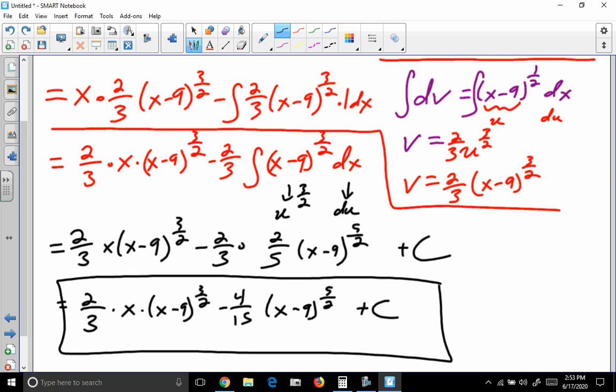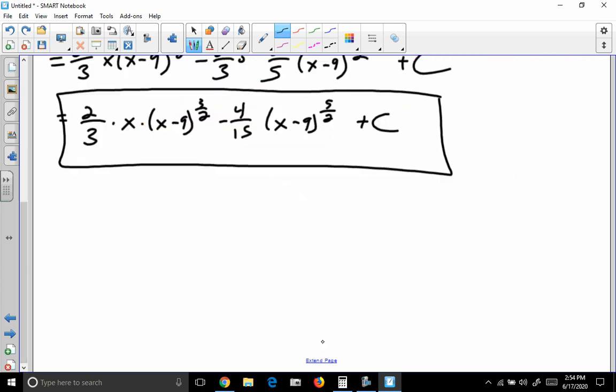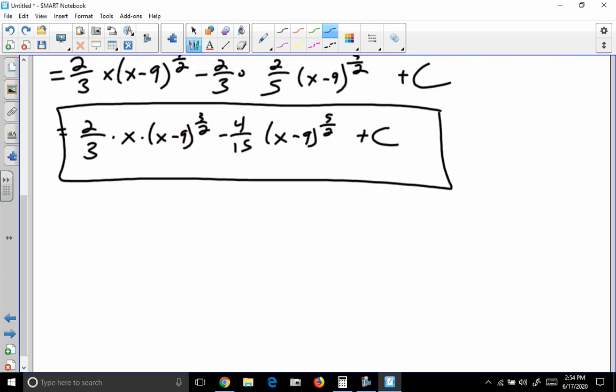If we wanted to, we could factor out a common factor, which would be 2/3 x minus 9 to the 3/2. 2/3 goes into this and into that. Both of these have at least x minus 9 to the 3/2. We could pull that out front if we wanted to, but not completely necessary. So if we did, what would that look like? If we pulled that out front in the first term, that would be gone, and we would be left with x.